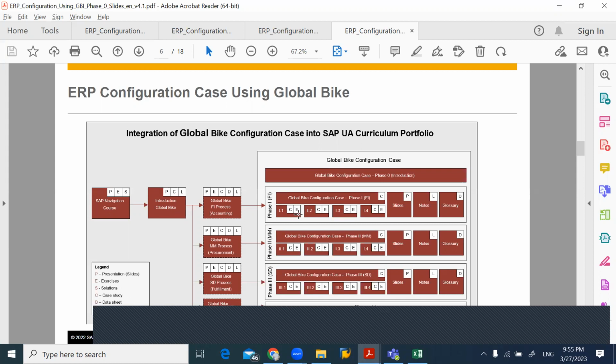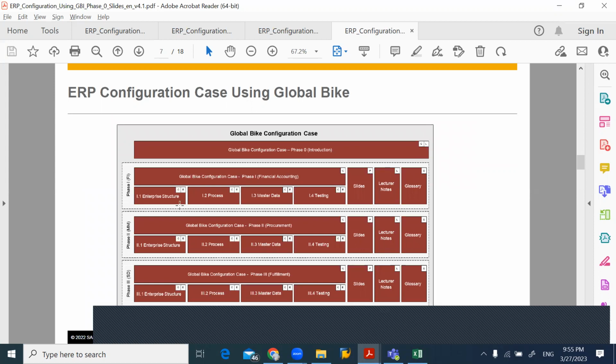So in the first part, we'll try to understand what is finance. We'll see the enterprise structure. We'll try to configure some of the parameters. And then we'll implement all those processes and test the software that we have configured.